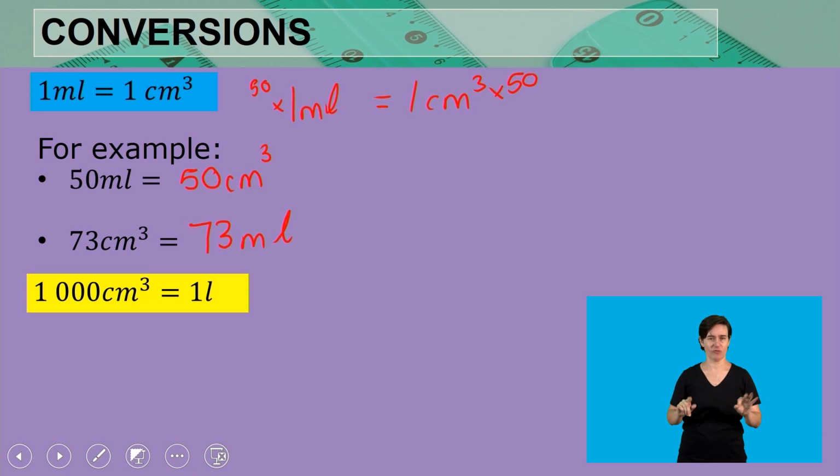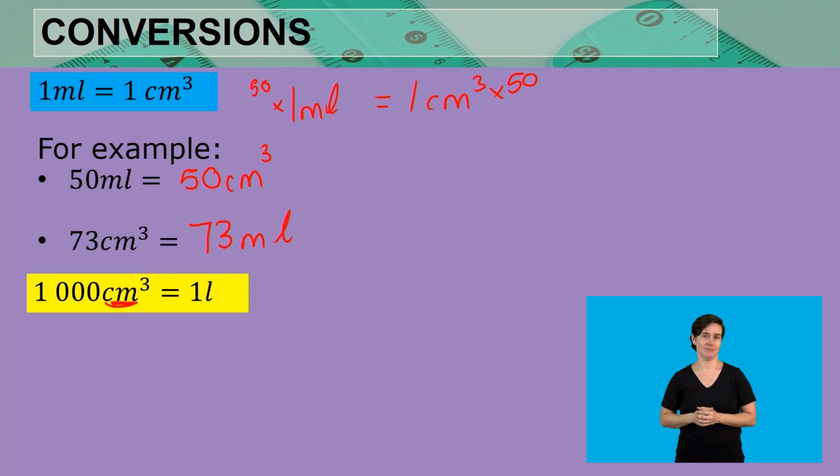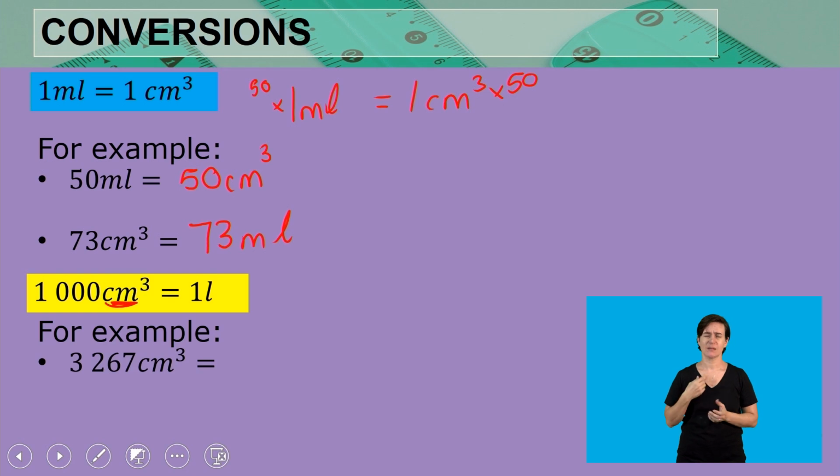Let's look at the next one, and that is converting from centimeters cubed to liters. So as we can see there, 1,000 centimeters cubed is equal to 1 liter. So how are we going to convert from centimeters cubed to liters? Let's look at an example. So here we have 3,267 centimeters cubed.